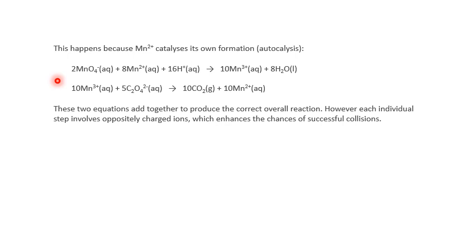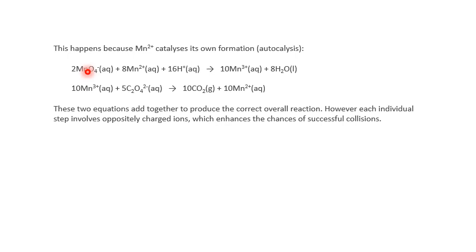Now, you don't need to learn that story, but it's worth just making sure you understand what's going on there, because, as I say, they do occasionally get you to try and work out catalytic mechanisms like that. And you can see why this would work, because the problem with the overall reaction with MnO4- with its negative charge trying to oxidize ethane dioate with its negative charge is that the two negative ions will tend to repel each other, and that will slow them down as they approach one another.